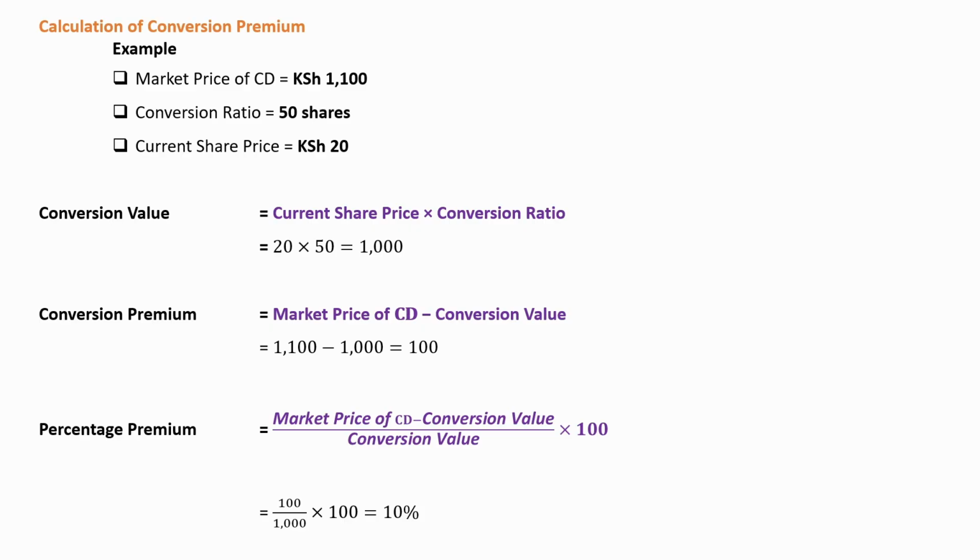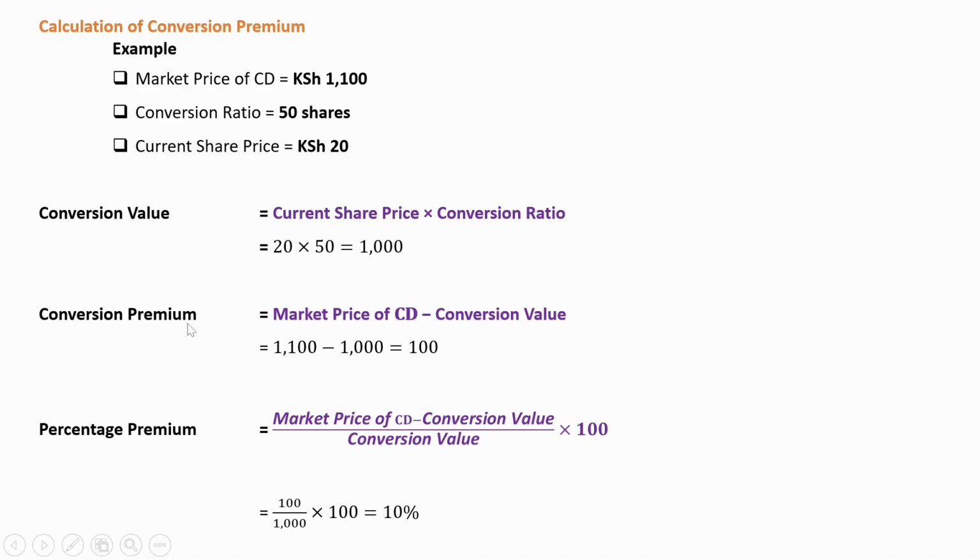What would be the value of the shares the investor would get? So you take the current share price in the question, it is 20. You multiply by conversion ratio. In the question, it is 50. So 20 multiplied by 50 is 1000. So that means the debentures can be converted into shares worth 1000.